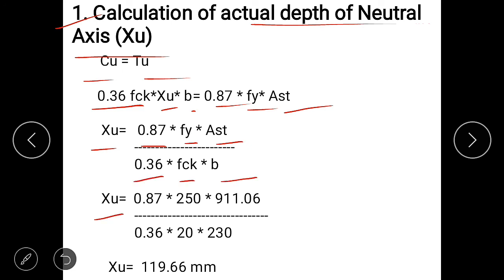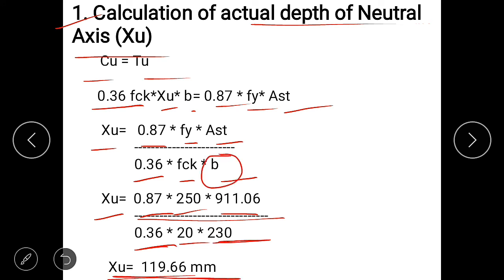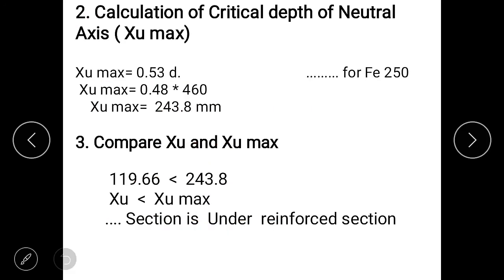So XU is 0.87, fy is 250, Ast is 911.06, divided by 0.36, fck is 20 and b is 230. So XU is 119.66.